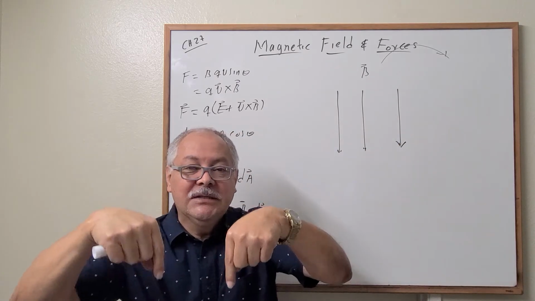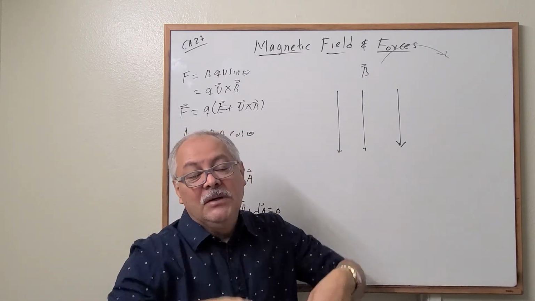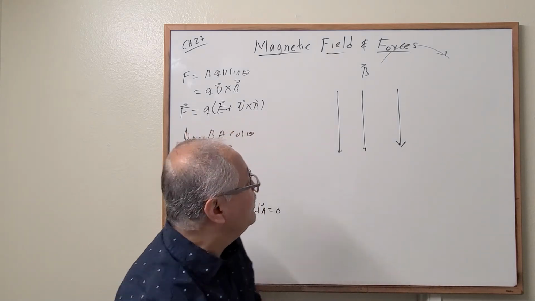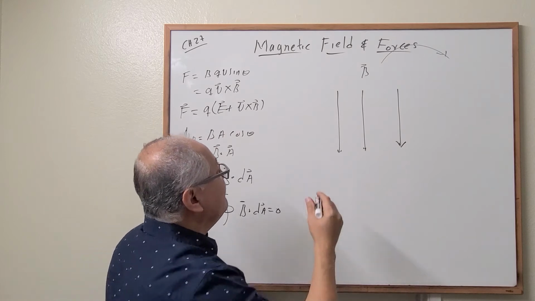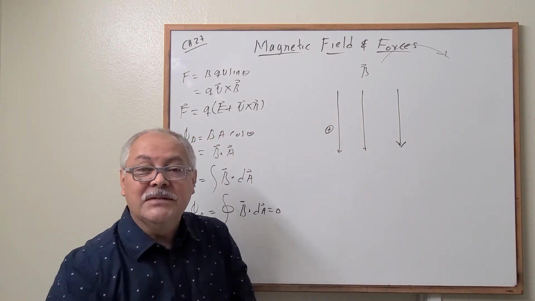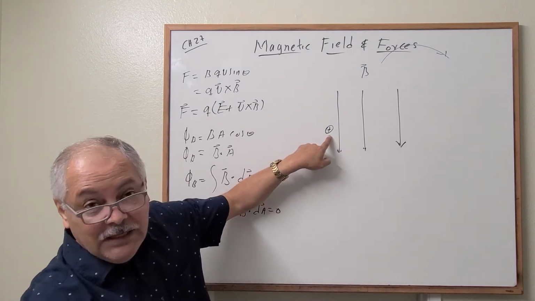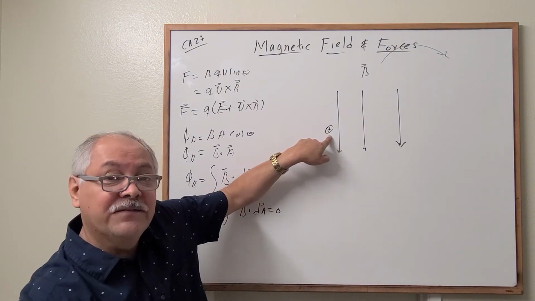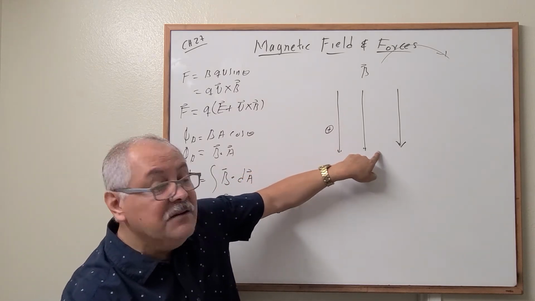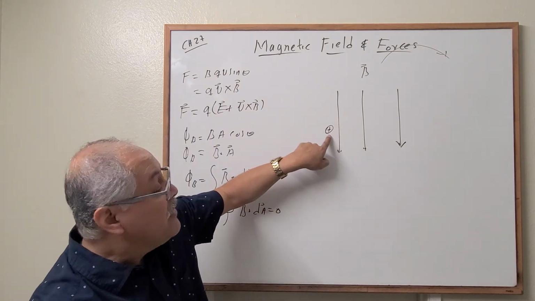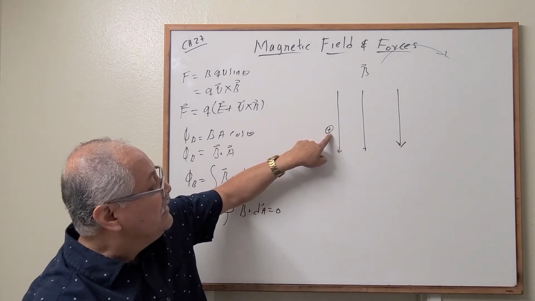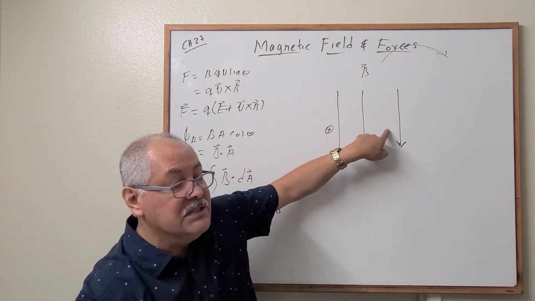And the direction is down, all of them constant in magnitude and direction. Okay, perfect. Imagine that we have a charge right here. If the charge is at rest, nothing happens, because it has only an electric field. Now for this charge to interact with this magnetic field, this charge must possess a magnetic field. The magnetic field now must interact with this external magnetic field.